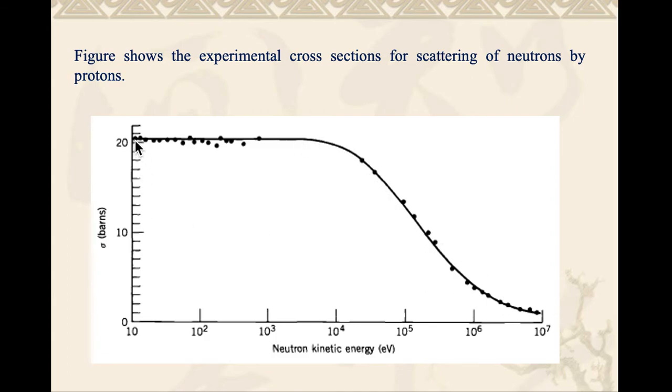For low energy, that value is 20.4 or 20.36 barns, whereas we are getting 2.3. But you can see that our equation is divided by E plus B. So when E increases, the total cross section decreases. So it is true when energy is high. At a high energy range, this equation is applicable.